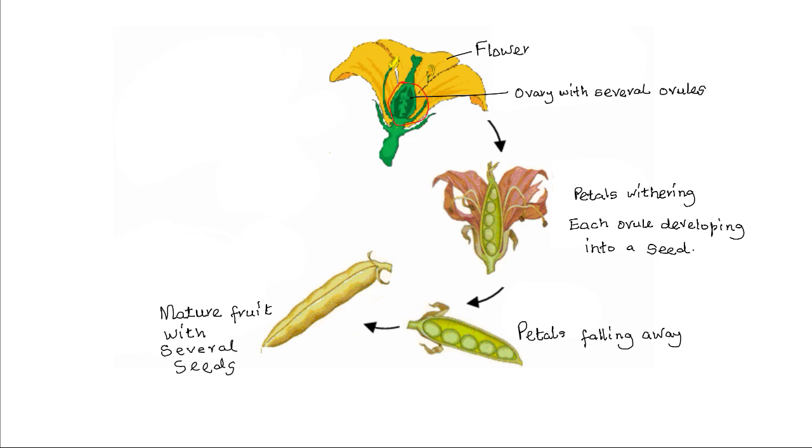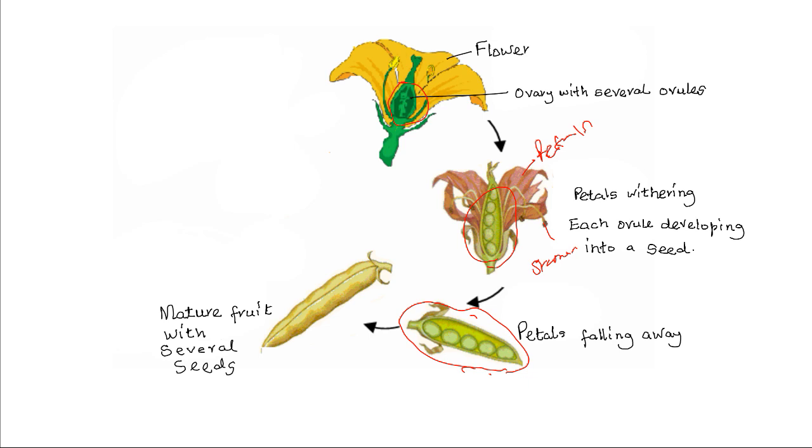This ovary grows in size, and as it grows in size, the petals and the stamens dry, wither, and fall off, such that eventually what is left is the developed ovary, which is in fact the fruit.